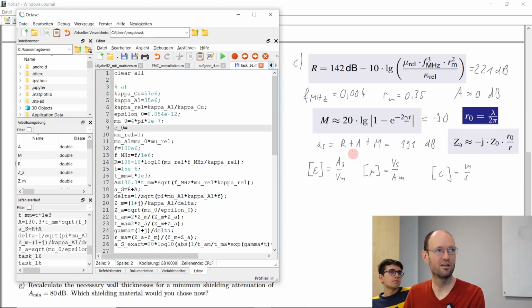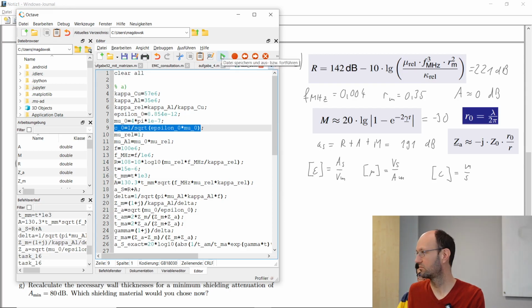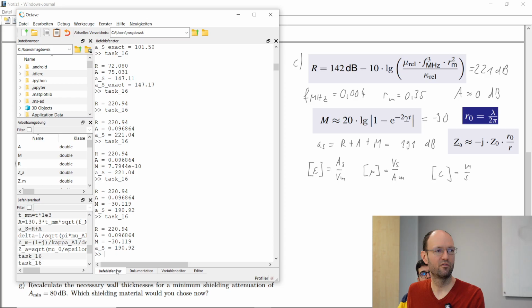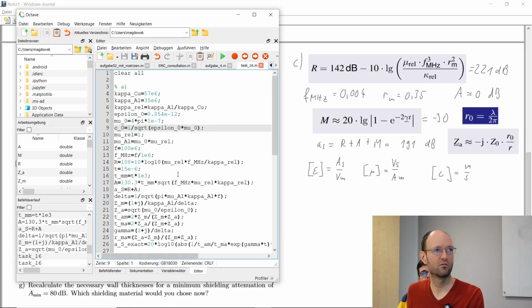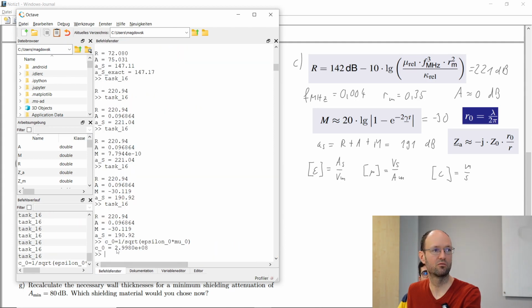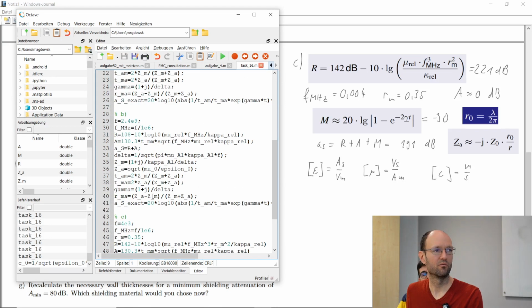So if we calculate c as 1 over the square root of epsilon 0 multiplied with mu 0, then what is the value of the velocity of light? 3 times 10 to the power of 8. And if I just execute this, we get 3 times 10 to the power of 8. So this fits.